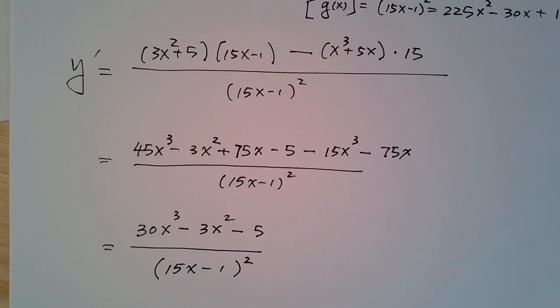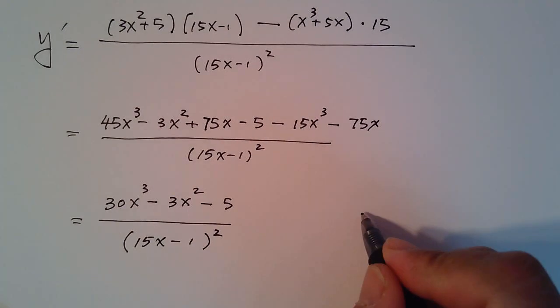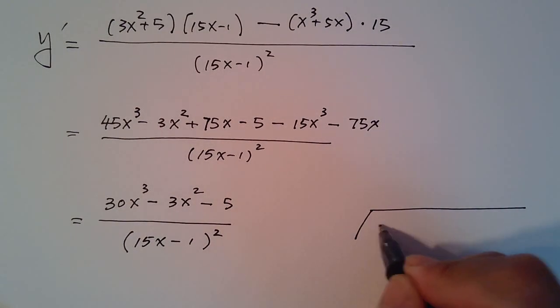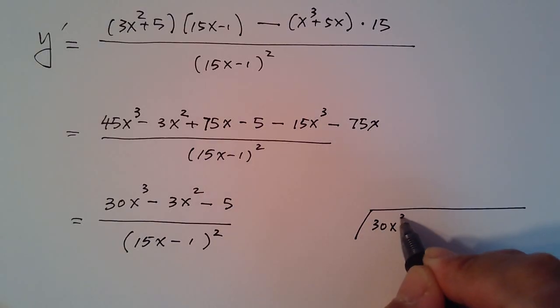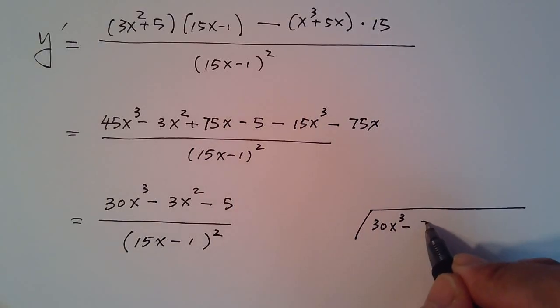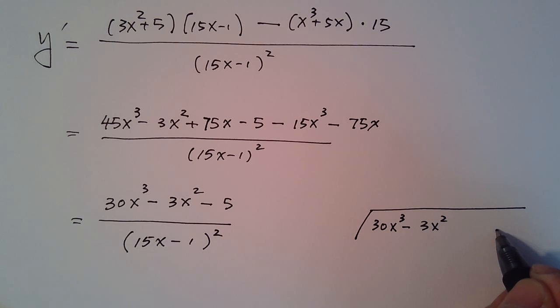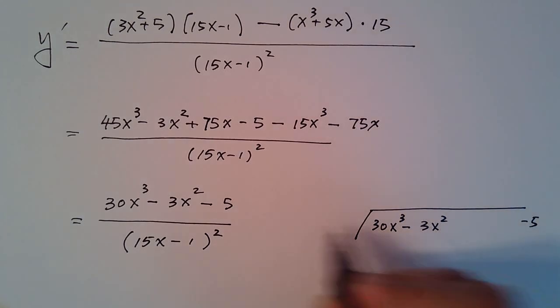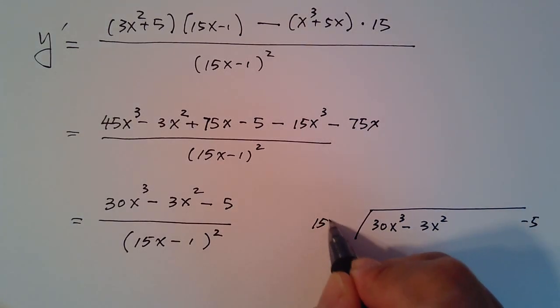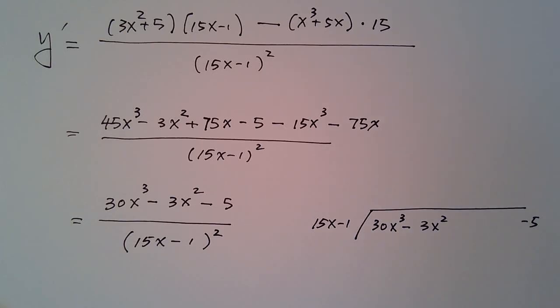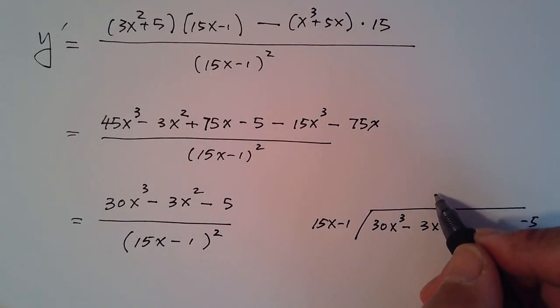Do you think you can simplify this? We don't know. I think I can just use a quick review for this. 30x cubed minus 3x squared, and then leave a blank for the x term, minus 1. You divide it by 15x minus 1 to see whether you need to simplify that.